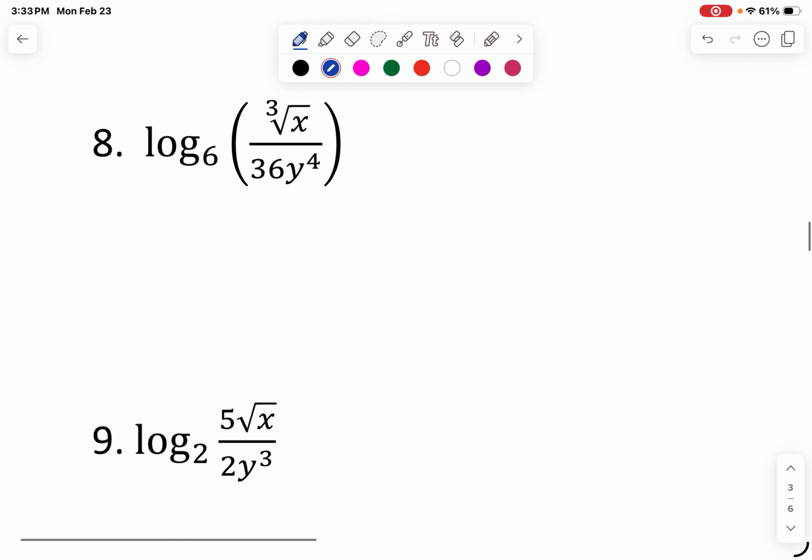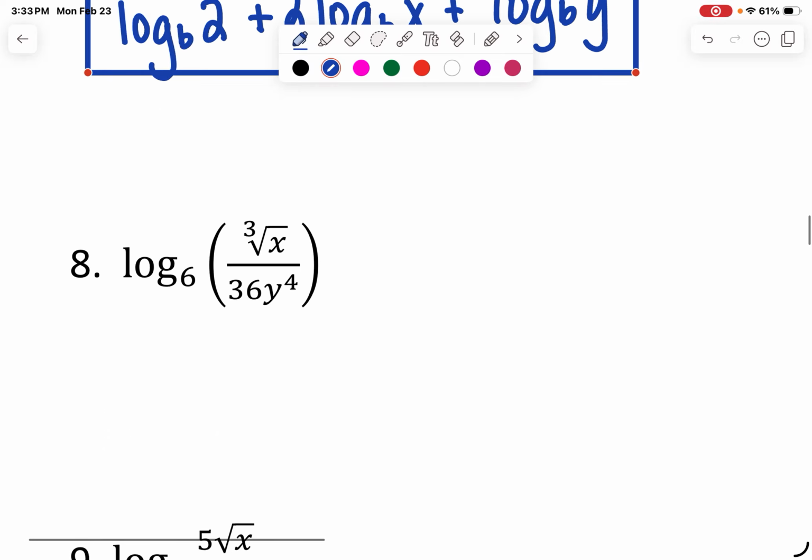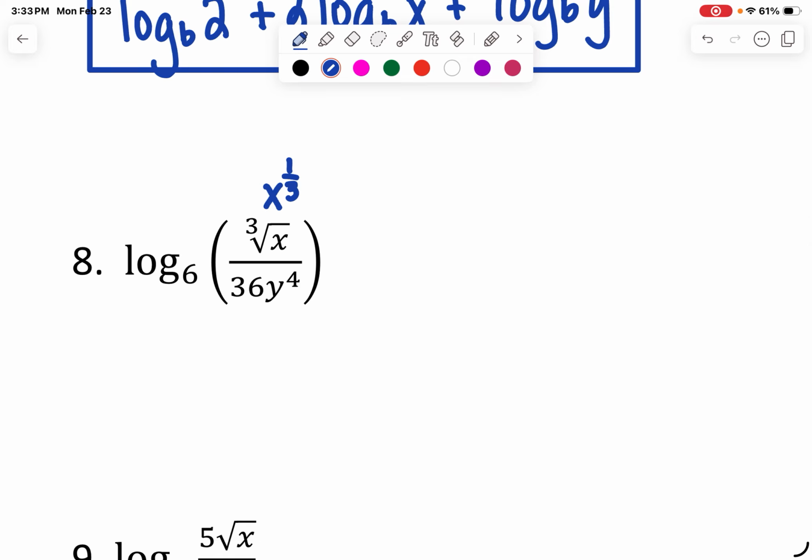All right, next one. First things first, I see that there's a cube root in my numerator. So I'm going to rewrite this as x to the 1/3 power. I don't want to deal with that cube root, right?